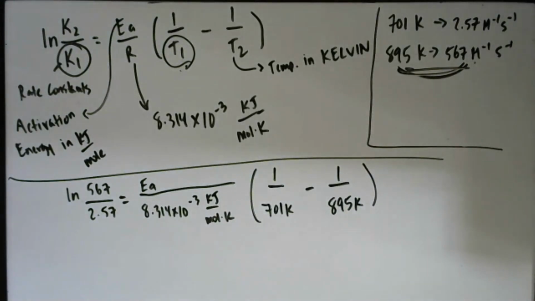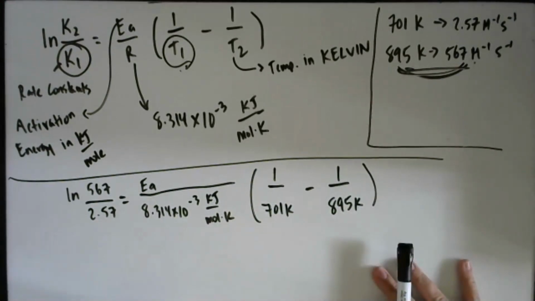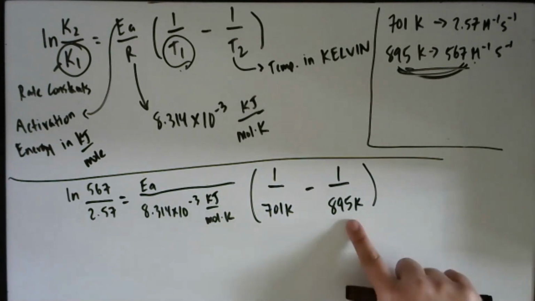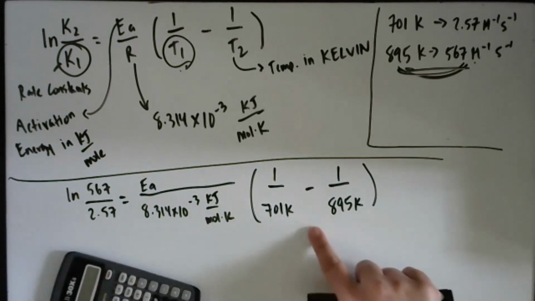And you see our Kelvin units are going to cancel out here. So we're going to be left with this in terms of kilojoules per mole. I would recommend solving it out. Some people struggle with this type of solving here. It is a lot easier to think of, I'm going to show you instead. I'm going to solve out what's in here. That's going to be my first step, and I'm going to get a number for this.